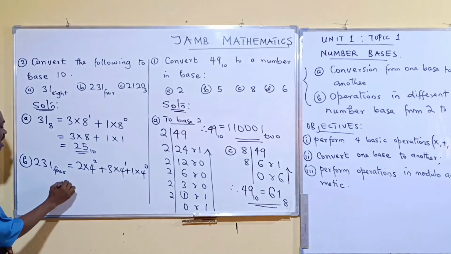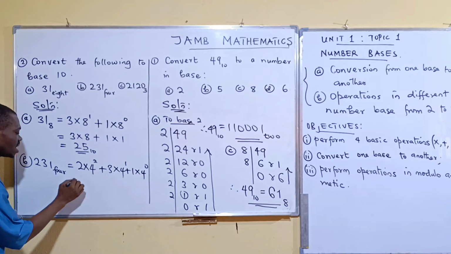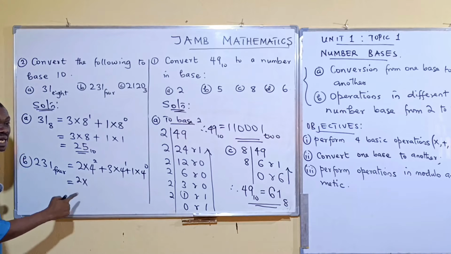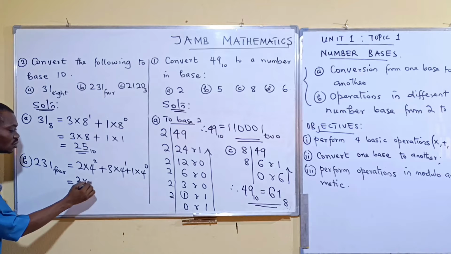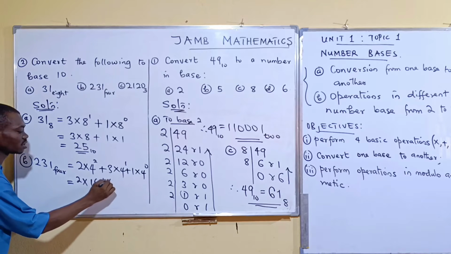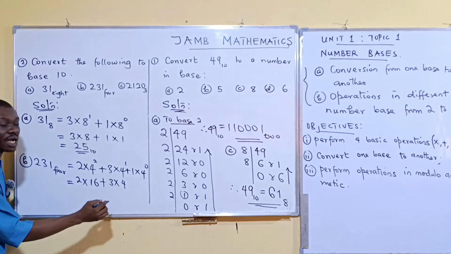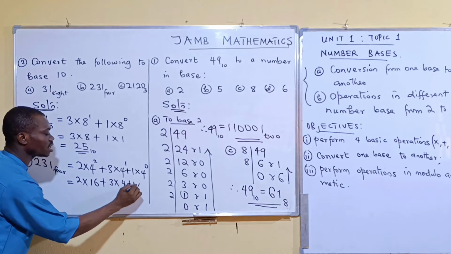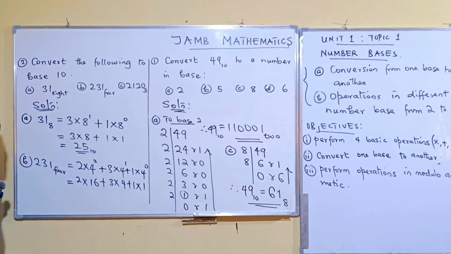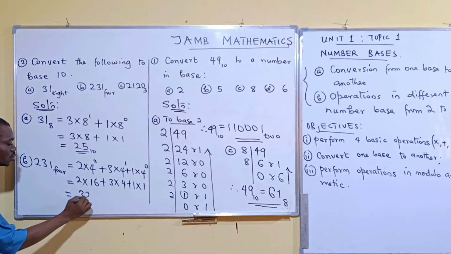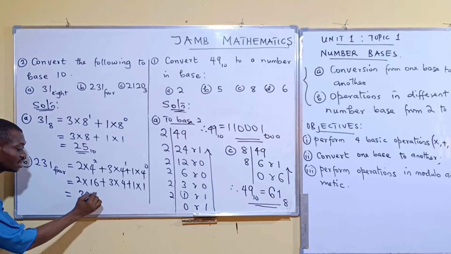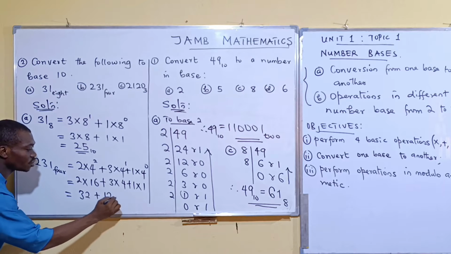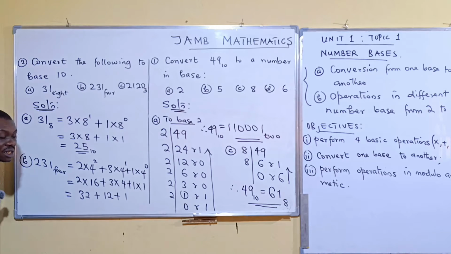All right, and then that's going to give us 2 multiplied by 4 to the power of 2, which is 16, plus 3 multiplied by 4, and then finally 1 times 4 to the power of 0, which is always 1. Okay, so that's going to give us 32, that's 2 times 16, plus 3 times 4 is 12, 1 times 1 is 1.